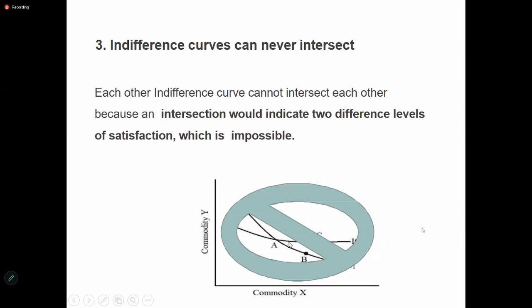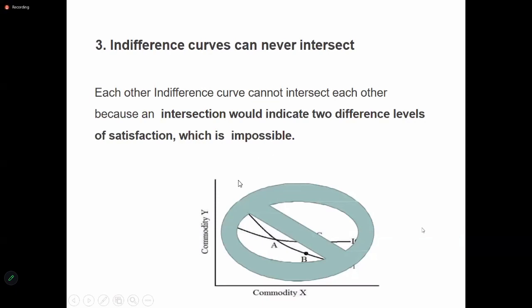If this gives the same satisfaction, and this gives the same satisfaction, before it is more than that, and after that it is lower than that. It cannot happen. That's why intersection would indicate two different levels of satisfaction, which is impossible. This is lower satisfaction and higher satisfaction. But the same indifference curve cannot give higher satisfaction in one part and lower in another part.